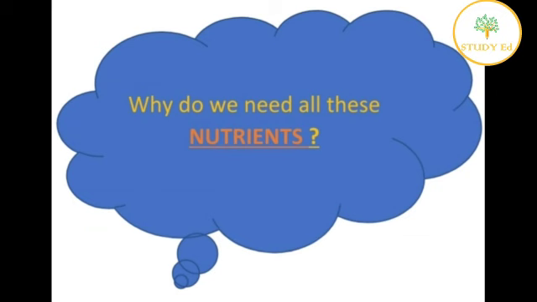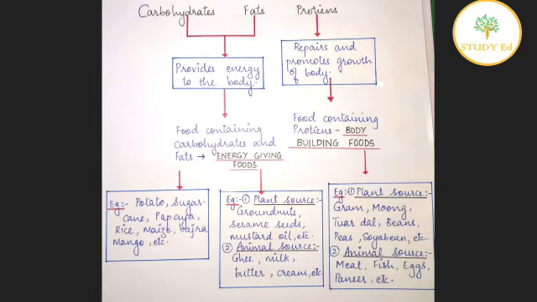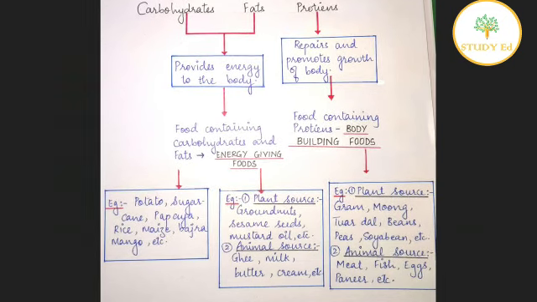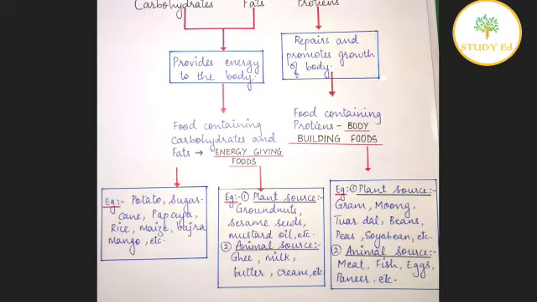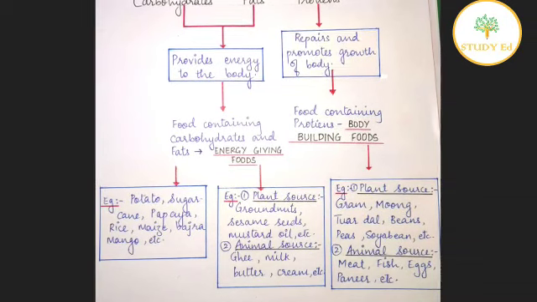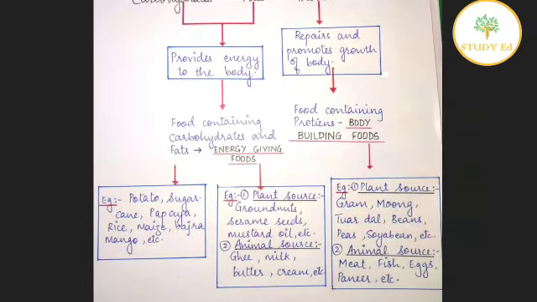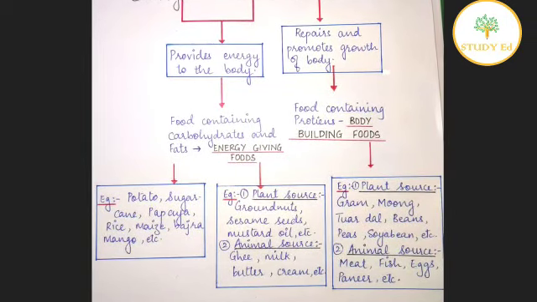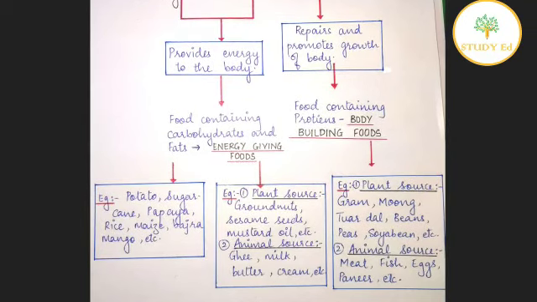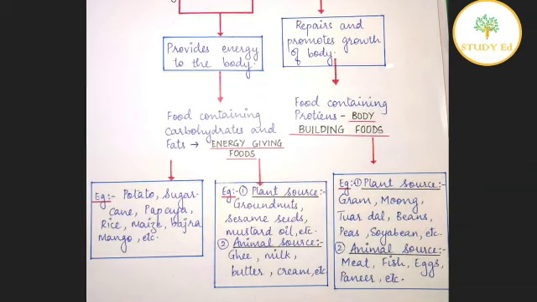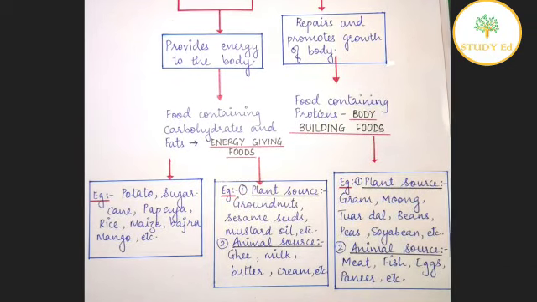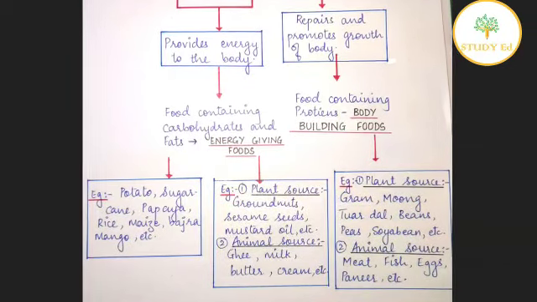If yes, let us take a look at a chart which I have prepared for you. Carbohydrates and fats provide energy to the body, whereas proteins repair and promote growth of the body. Foods containing carbohydrates and fats are known as energy giving foods, whereas foods containing proteins are known as bodybuilding foods.